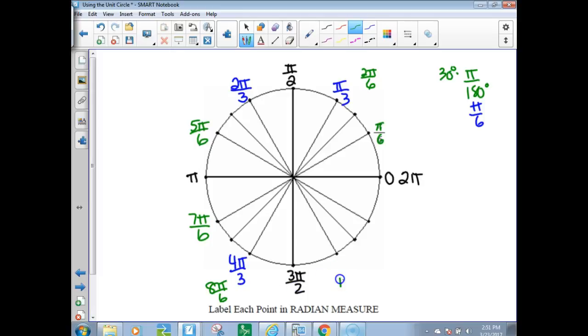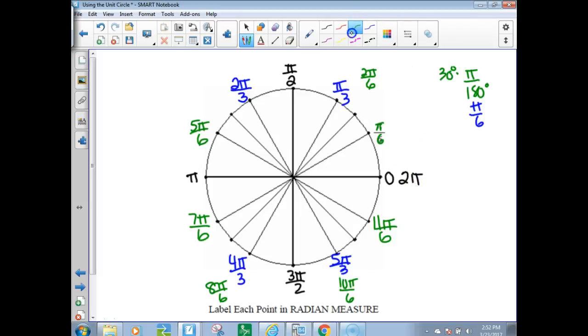Next one would be 10 pi over 6 or 5 pi over 3. You see that after 4 pi over 3 comes the 5 pi over 3 if you were doing it by pi over 3s. Okay, so I got 10 pi over 6, then comes 11 pi over 6. And if I hit 12 pi over 6, I'm back to 2 pi.